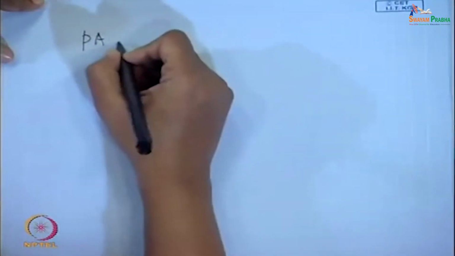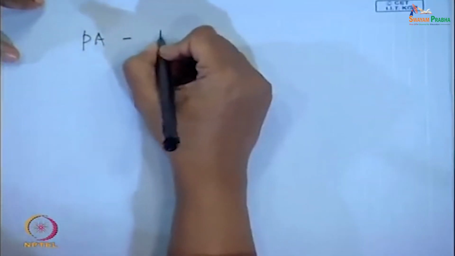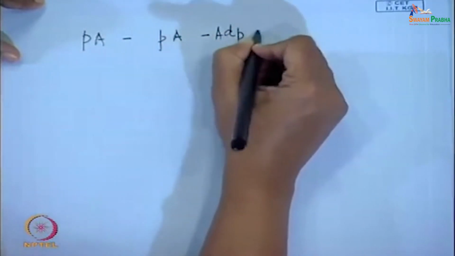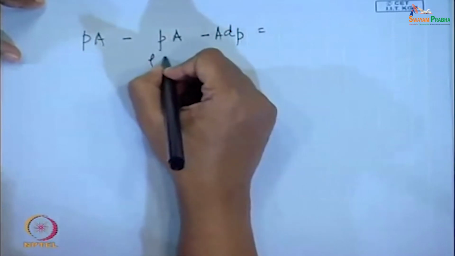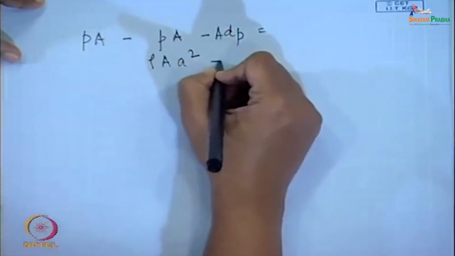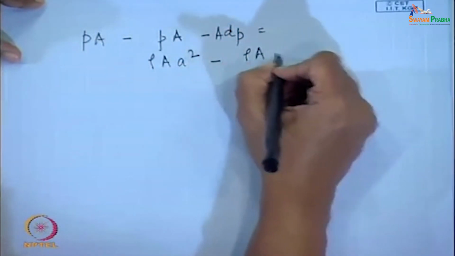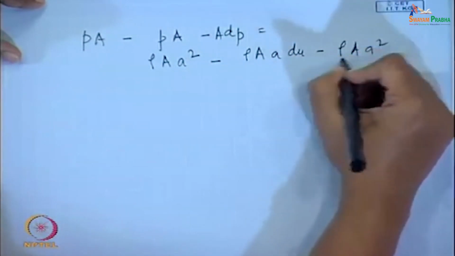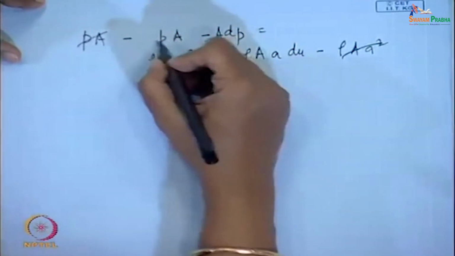So, on simplifying this, we get P A minus P A minus A d P equals rho A a squared minus rho A a du minus rho A a squared. These cancel out.